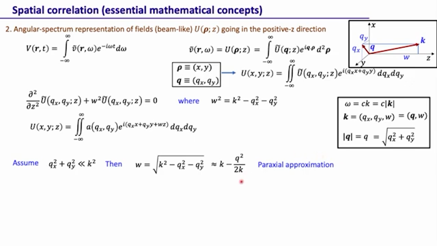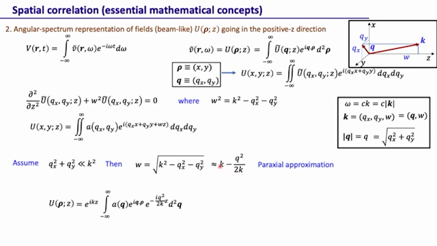Okay, so within this approximation we can write this u(x, y, z). Now I am writing this in a two-dimensional way. So x y I am writing as rho, z is z, and then on this side a(qx, qy) I am writing as a(q), e to the i(qx x plus qy y) I am writing as e to the i q dot rho, and this w, we are writing as k minus q square by 2k.